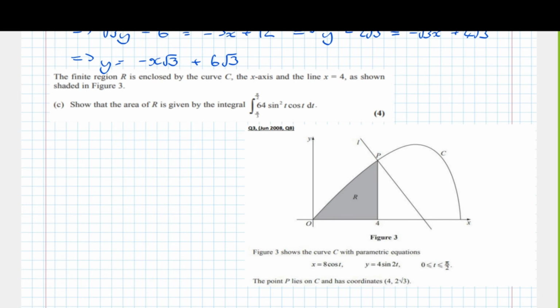So it wants you to find that area, or rather it wants you to show the area is given by that integral. So you know what to do. Same as the last two times. The standard formula for integrating parametric functions, and show that it equals that.